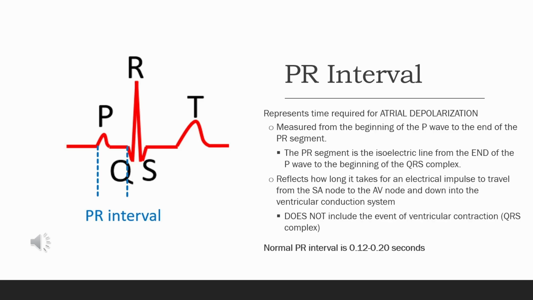A shortened PR interval may suggest that we have an abnormal accessory conduction pathway, which is what's seen in conditions like Wolff-Parkinson-White. Since the PR interval helps us assess impulse transmission speed, any abnormality needs to be evaluated in the context of the patient's heart rate, their symptoms, and their overall condition.